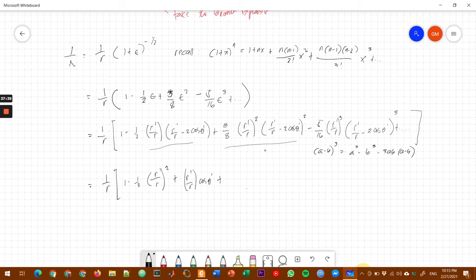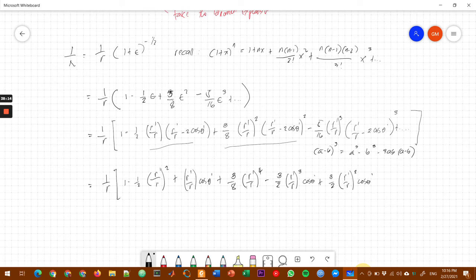That would be 3 over 8 R prime over R to the 4th minus 3 half R prime over R cube cosine theta prime plus 3 half R prime over R squared cosine theta prime.